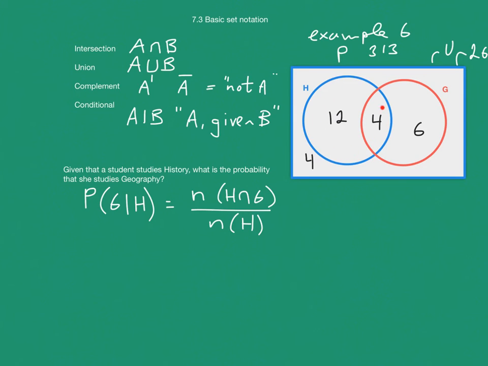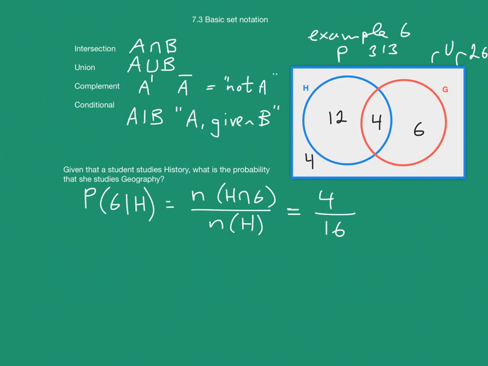So out of these 16, it's these 4 who study geography. And that's the intersection between H and G. So we take the intersection and divide that by the number of students in the whole set. So we're sort of pretending that H is the universal set for this problem. And so that's going to be 4. You have 4 people in the intersection, and we divide that by 16.